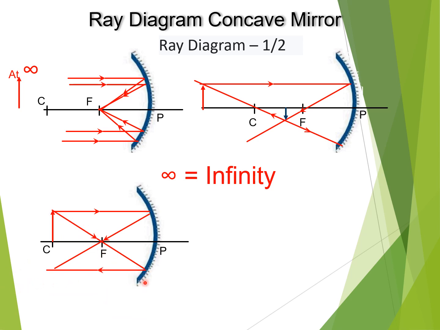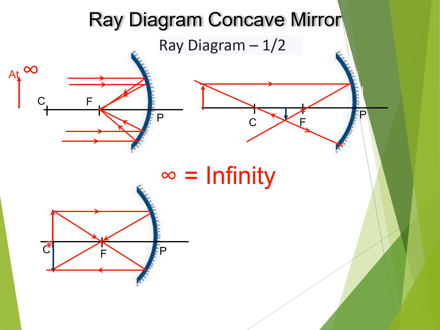So it has fallen on the mirror, passing through focus point. After reflection, it will become parallel to the main axis. So the reflected rays are meeting at this point. So the image will be formed at this point. So this is the image.